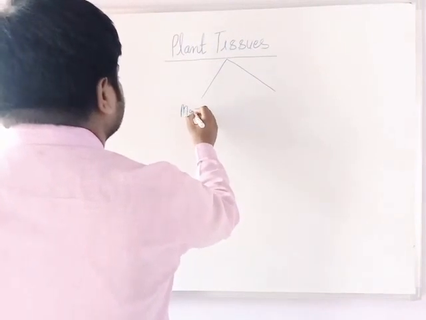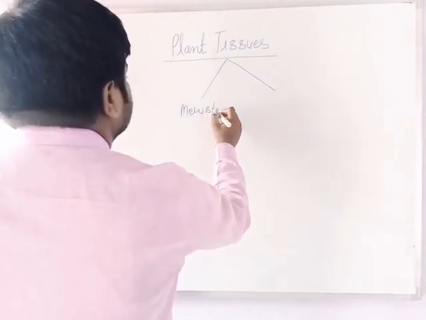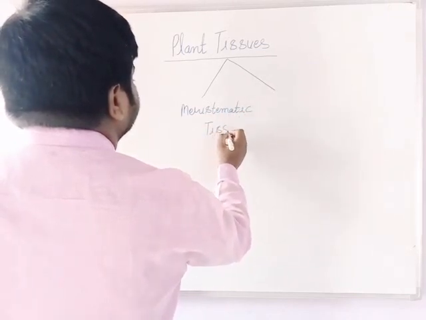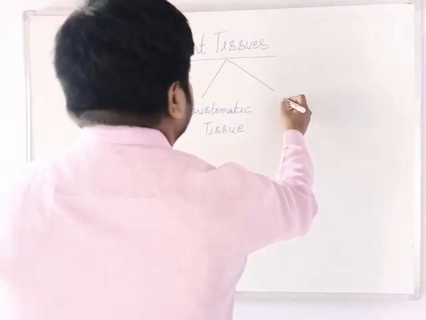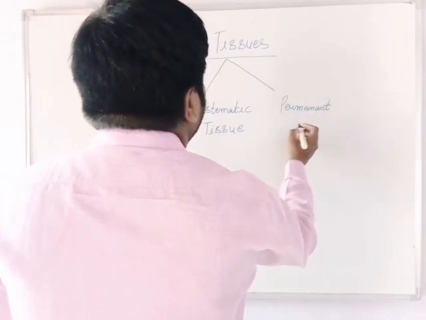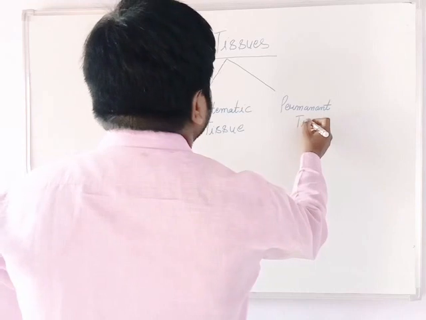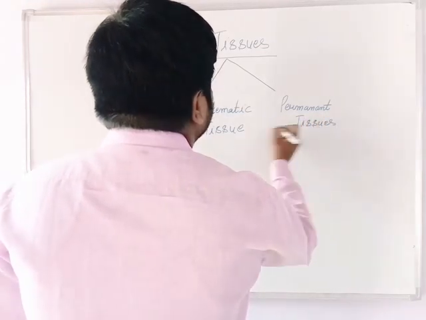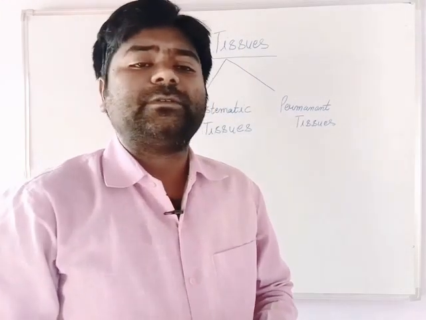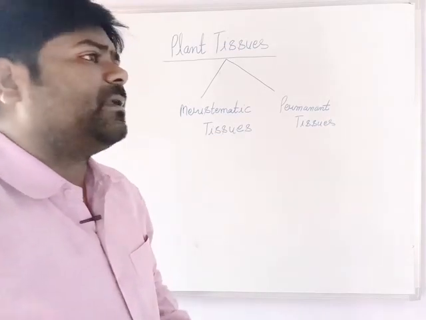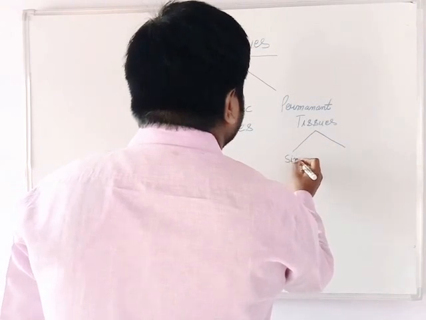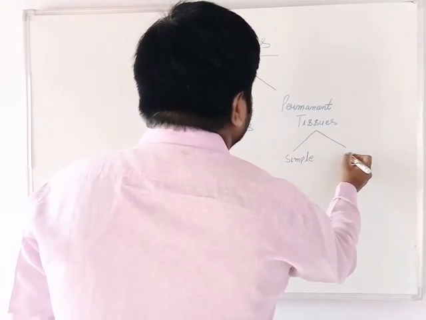The first one is meristematic tissue, and the second one is permanent tissue. Meristematic tissues and permanent tissues, these are the two kinds of tissue. Permanent tissue is again divided into simple and complex.